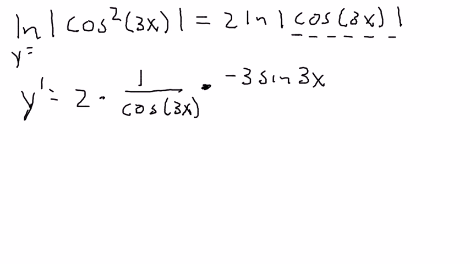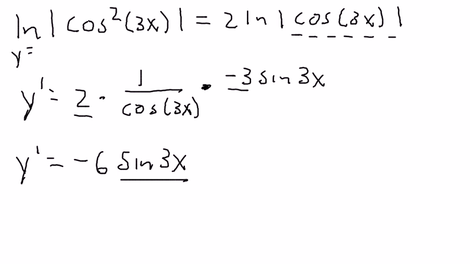And then you can multiply the negative 3 and the 2 and you get negative 6, and then we get sine of 3x over cosine of 3x, so I can rewrite it as y prime equals negative 6 sine of 3x over cosine of 3x, which ultimately is going to be tangent, so I can write it as negative 6 tangent of 3x.